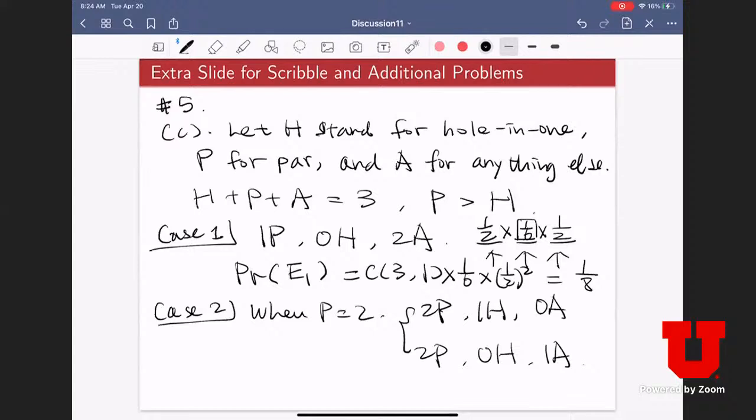Now our case 2, I'll denote it as E2, and I'm going to use the rule of sum to add those combinations together. Still think of them as 3 spots. Now instead of one par, you want to have two pars. I'm writing here one of the possibilities.